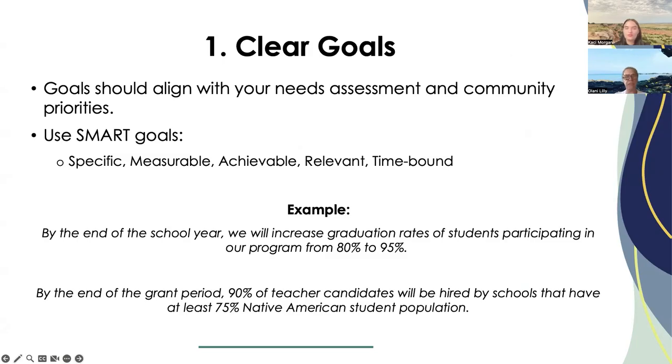Here are a couple of examples of some SMART goals. You can see we put time-bound right up in front, where we have the time in which we will accomplish this goal. And then also we put in measures. You can see there the 80% to 95% in the first example, as well as the 90% of teacher candidates and 75% Native students. That's a qualifier, so making sure it's measurable.